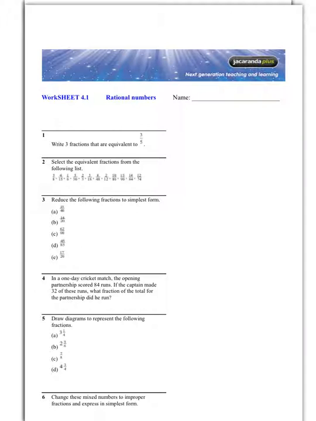So that means that to write any fractions that are equivalent to 3/5, we need to multiply both top and bottom by any number as long as they are the same.